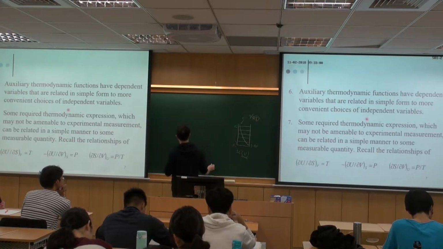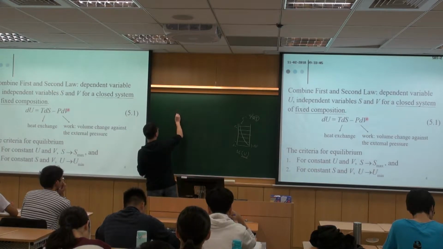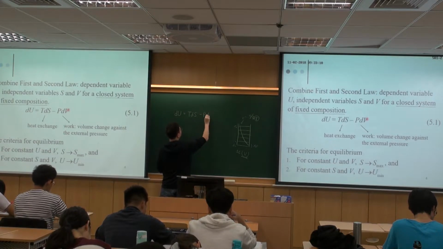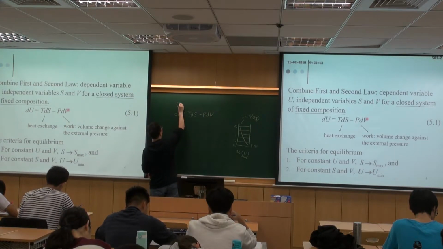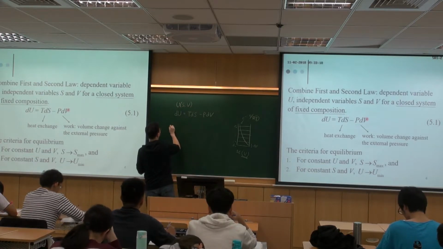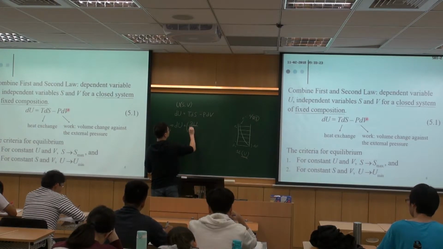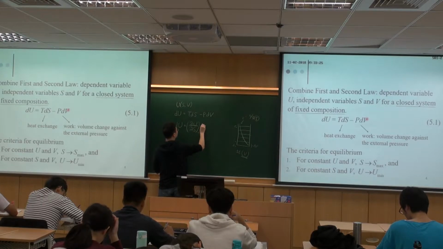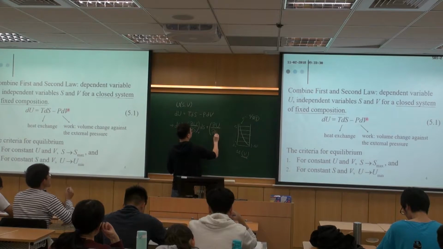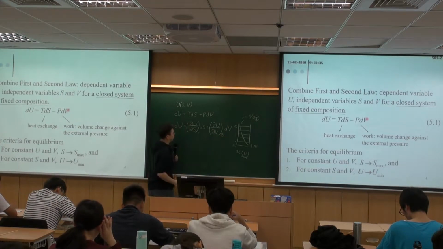So if you start from the first law, we know that this means that internal energy is a function of S and V. And we also know that this means something like this, right?